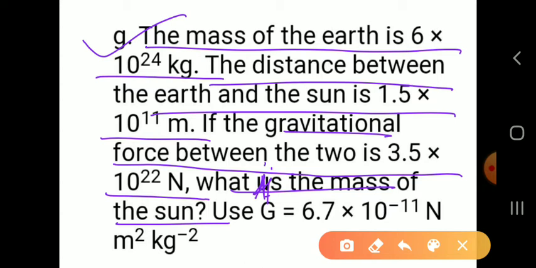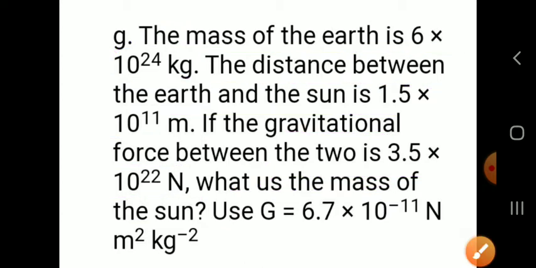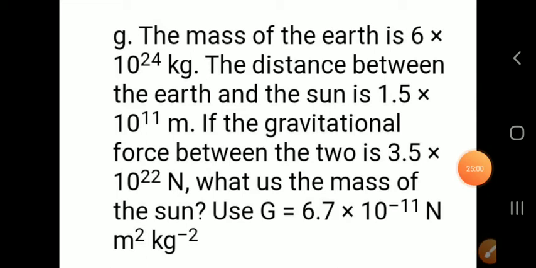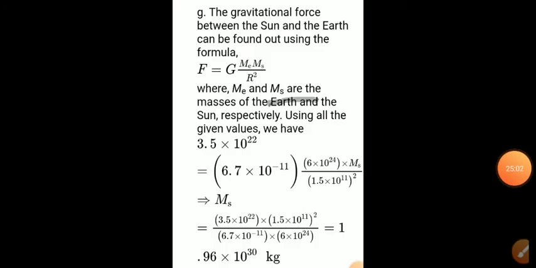Now let us see the solution of this. Let us see the solution, children.